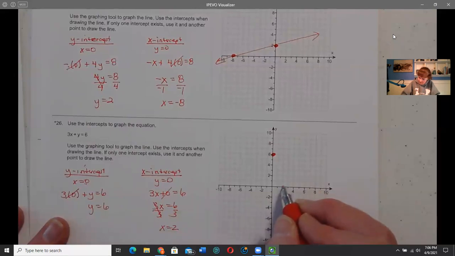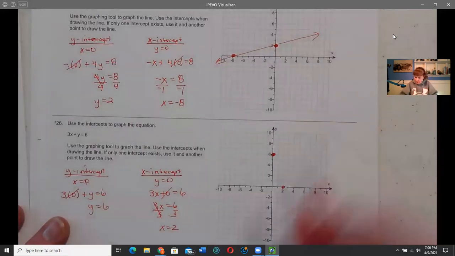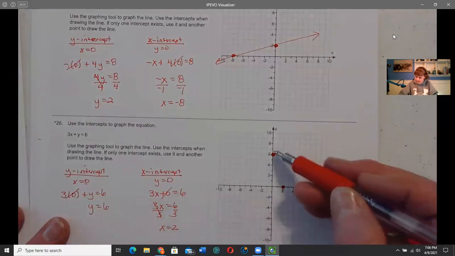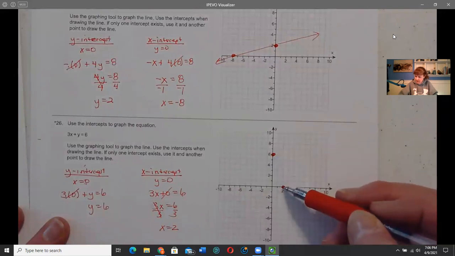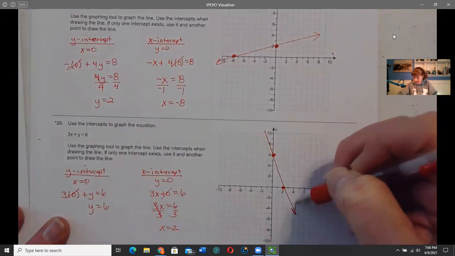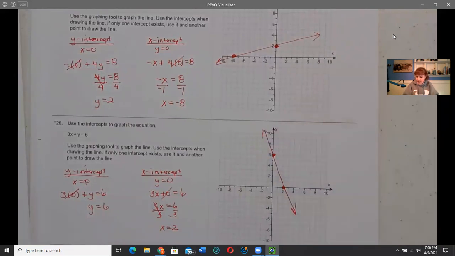So 1, 2. So here it's going to hit the x-axis at 2 and the y-axis at 6. So you would put your cursor here, then come over to the 2 and put your point in, and you have a graph here. So this one, the slope would have been a negative number.